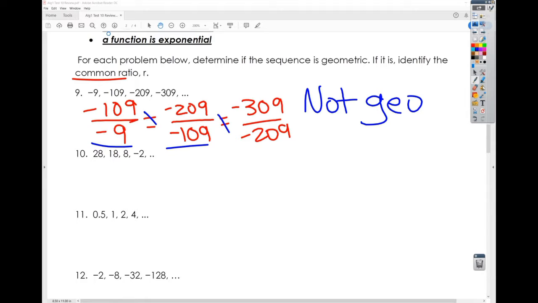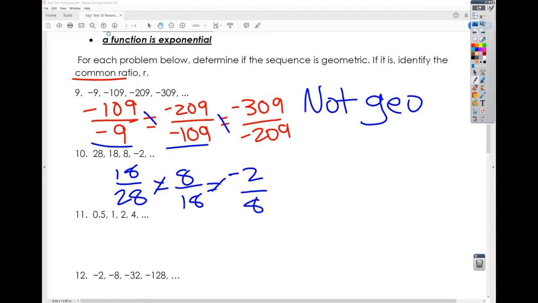Okay. Now looking at number 10, I would want to see, is 18 divided by 28 equal to 8 divided by 18? And is that then going to be equal to negative 2 divided by 8? And so you would see here again that you're not going to get that constant ratio. 18 divided by 28 is about 0.64, and 8 divided by 18 is about 0.44.